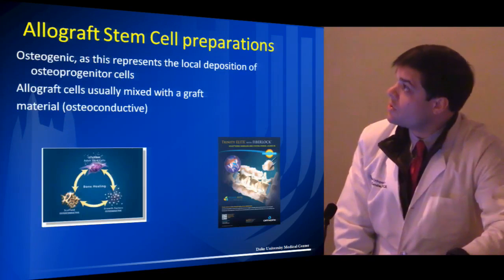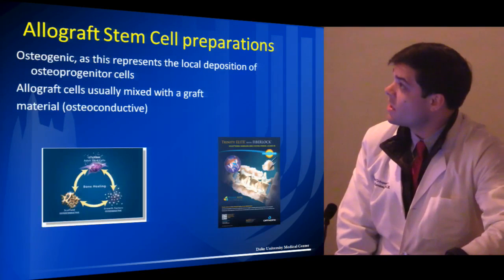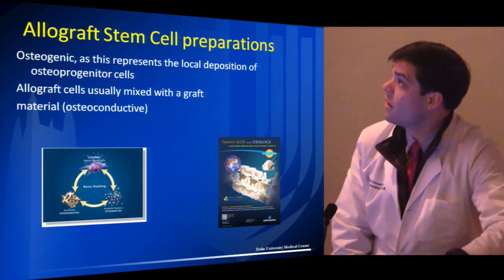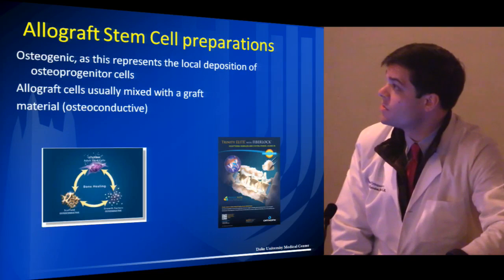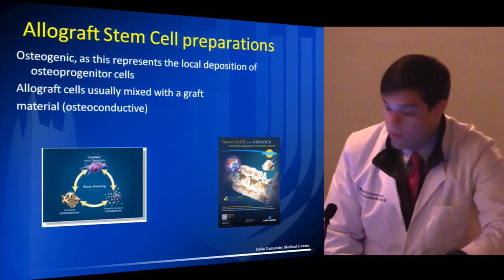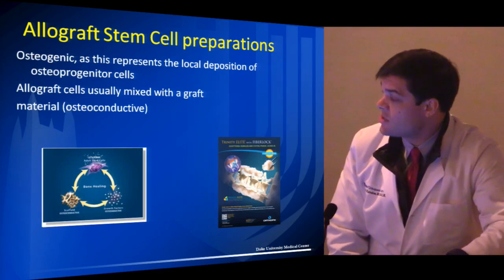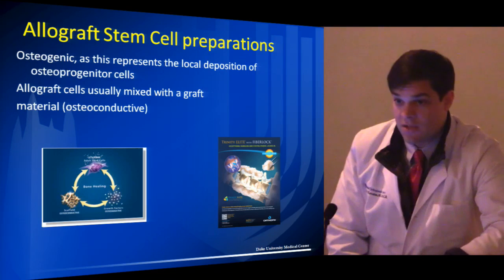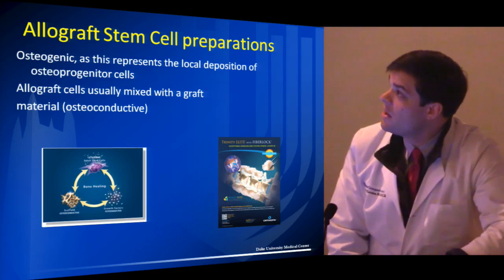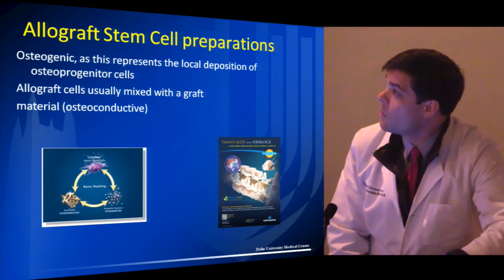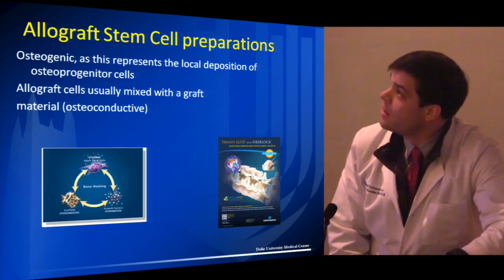And then, of course, there's probably some of the newest technology, which is the allogenic stem cell preparations. I think the one that we're most familiar with at Duke is Trinity Elite. It's thought to have osteogenic properties because you're, again, depositing cells locally into the site. It's usually mixed with some other form of osteoconductive graft.